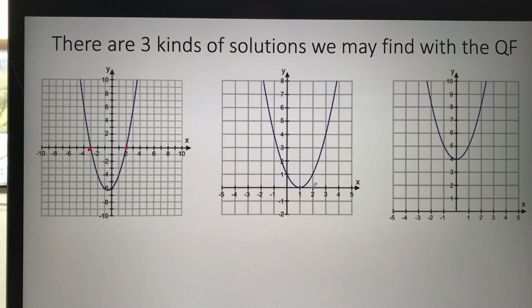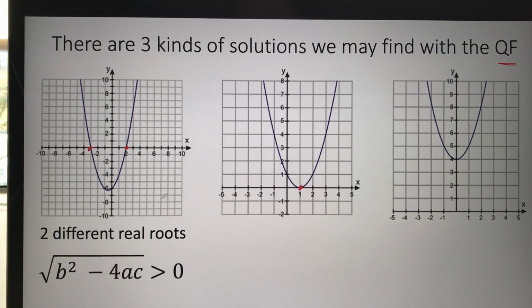The second case has one value, which we've also seen with factoring. This case on the right-hand side we haven't really dealt with, because factoring hasn't allowed us to get into it, but the quadratic formula will. The quadratic formula will work on anything, so we have to deal with all the possible cases.